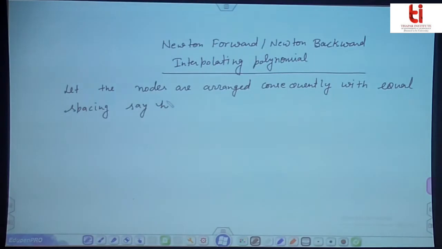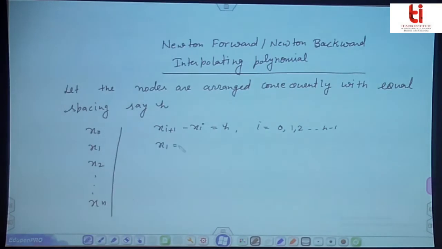Let us suppose the nodes are x0, x1, x2 up to xn. x(i+1) minus xi equals h, for i equal to 0, 1, 2 up to n minus 1. So nodes are separated from each other by the spacing h.